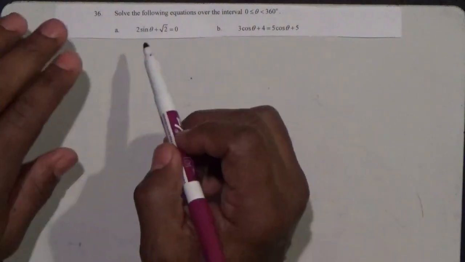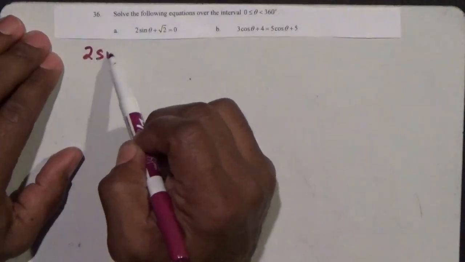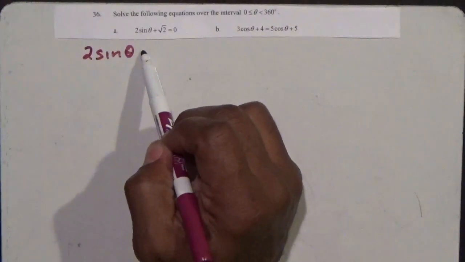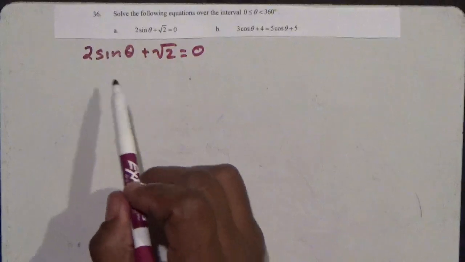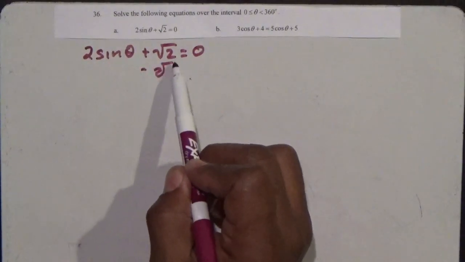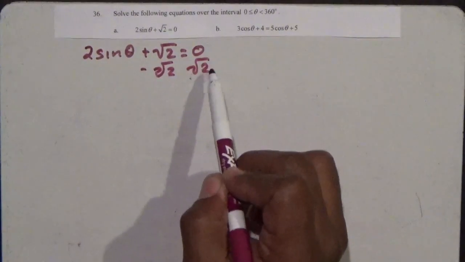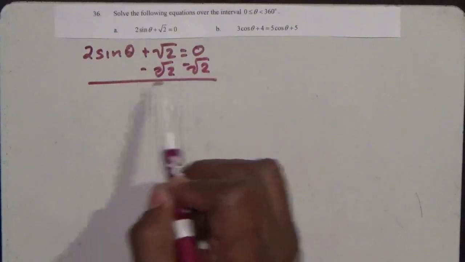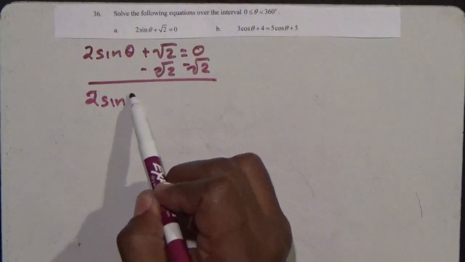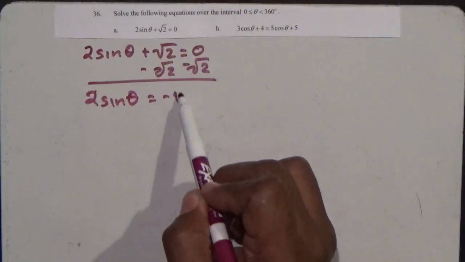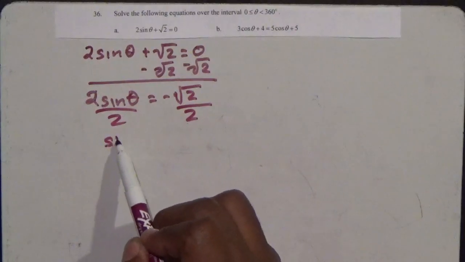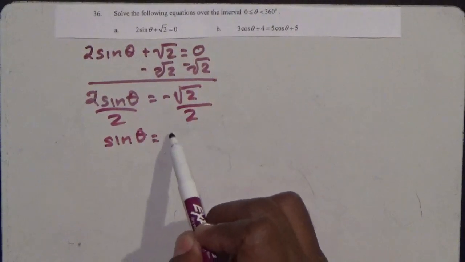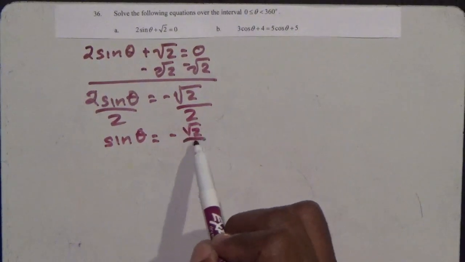First problem, and we've done this. We have 2 sine theta plus the square root of 2 equals 0. We're solving for theta. We want to subtract root 2 from both sides. That gives us 2 sine theta is equal to negative root 2. Divide both sides by 2. That gives us sine theta is equal to negative root 2 over 2.